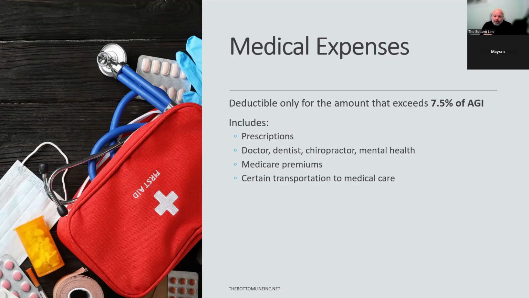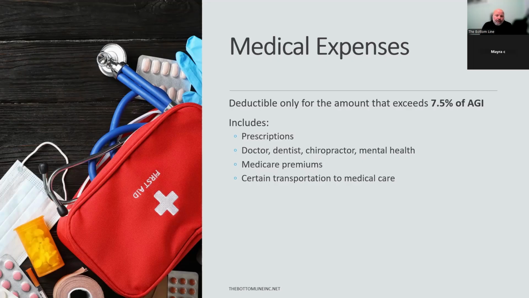And this is for prescriptions, doctors, dentists, chiropractors, mental health, Medicare premiums, transportation, mileage, if you need to use an ambulance, if you need to use an Uber, parking, this is anything medical expenses. You can also, depending on your age, deduct a partial amount of long-term health care.